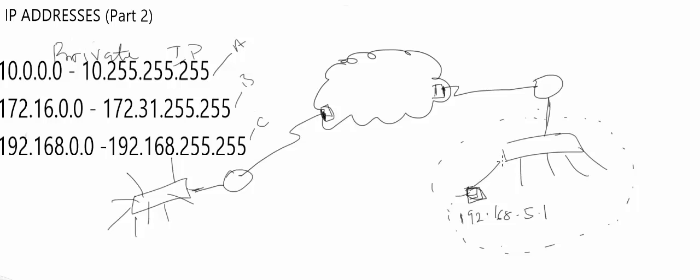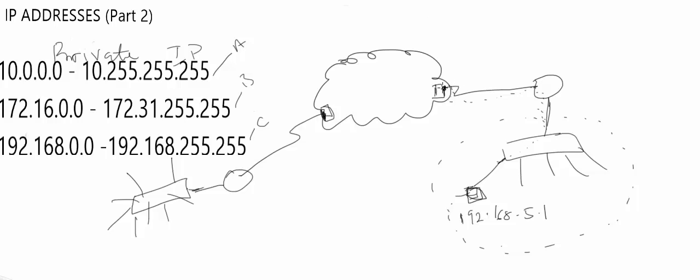Why? Because if this guy is trying to communicate on the internet and it's going out with his address 192.168.5.1 and it gets to the ISP before it hits the internet, the ISP is configured to deny and block every packet from these IP ranges: 10.0.0.0 to 10.255.255.255, 172.16.0.0 to 172.31.255.255, and 192.168.0.0 to 192.168.255.255.